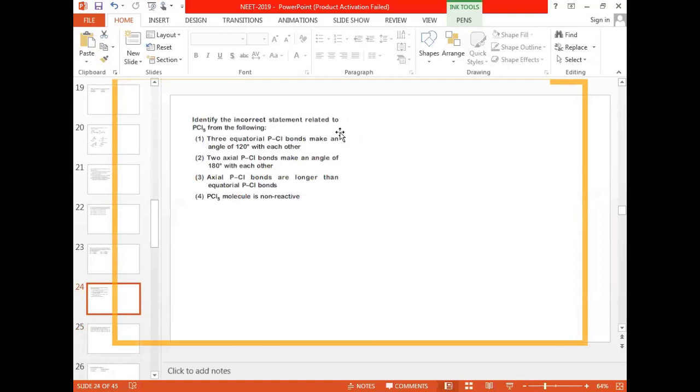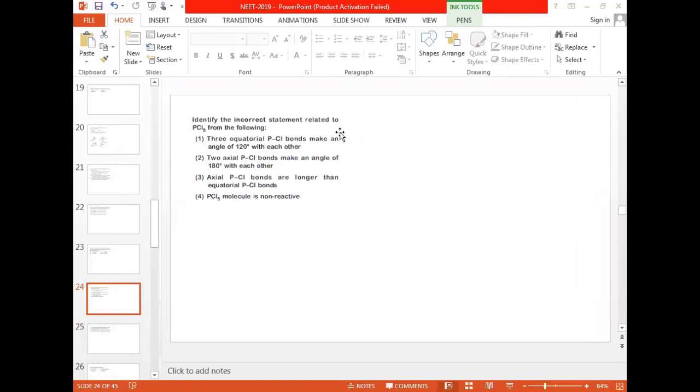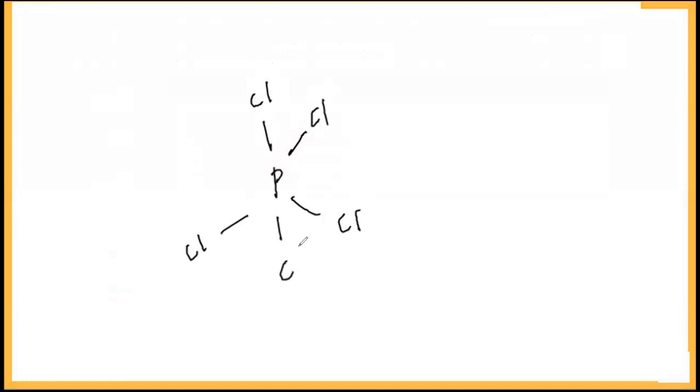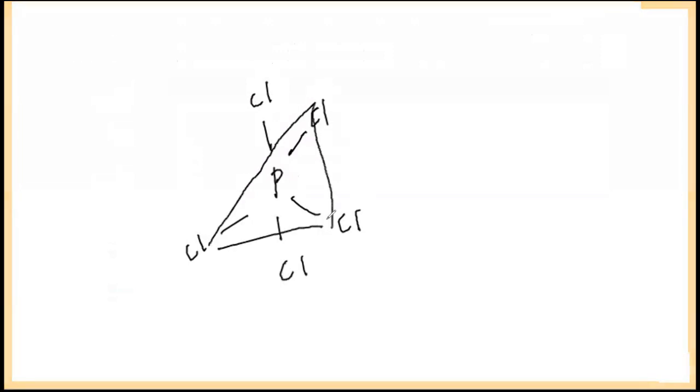Directly I go with the structure of PCl5. What structure can we expect for PCl5? Trigonal bipyramidal. These 3 are equatorial bonds, where the bond angle is 120 degree.